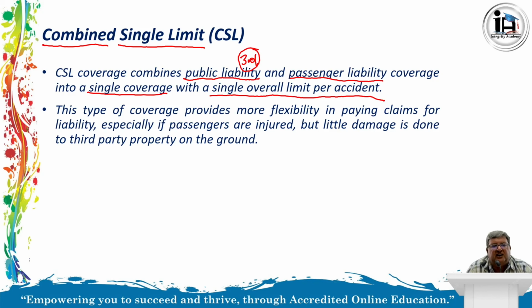So a CSL, combined single limit, takes the public liability, the third party, for the farmer's crops, and passenger liability, and makes it a single coverage with a single overall limit per accident. This type of coverage provides more flexibility in paying claims for liability, especially if passengers are injured but little damage is done to third party property on the ground.